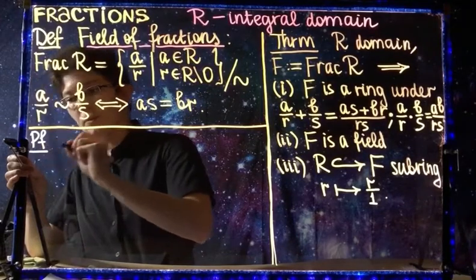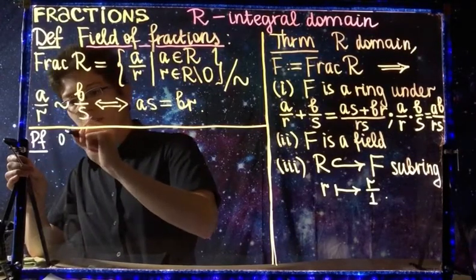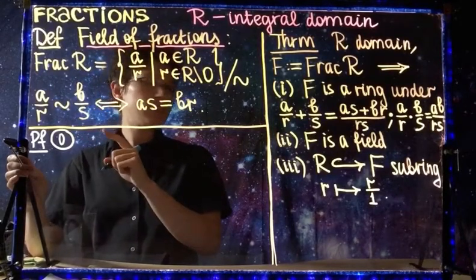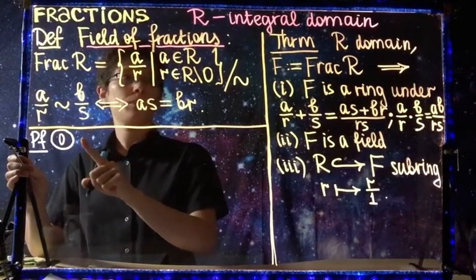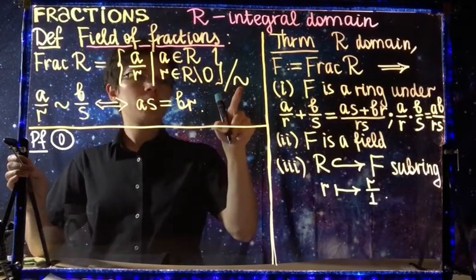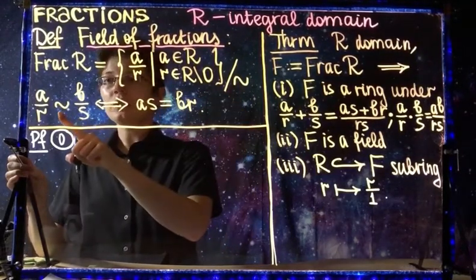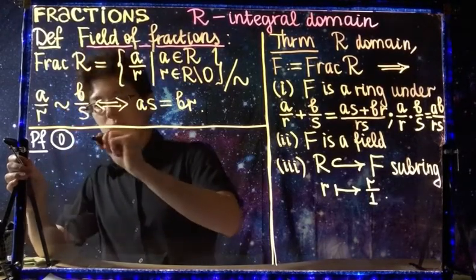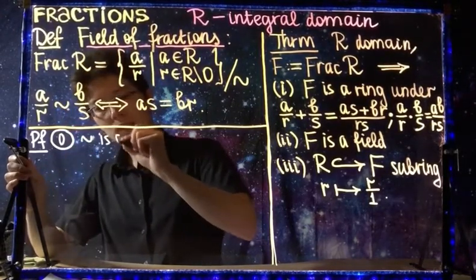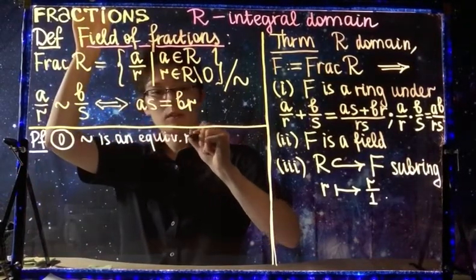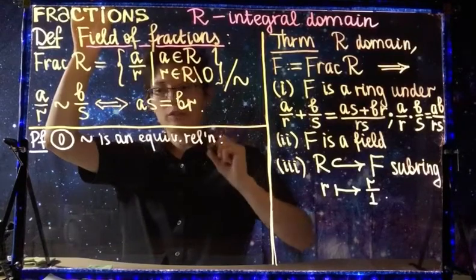For the proof, the zeroth part, which should always come in the first place, is that this tilde, this relation, does define an equivalence relation. So tilde is an equivalence relation.